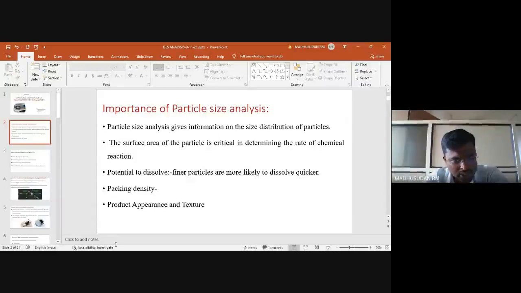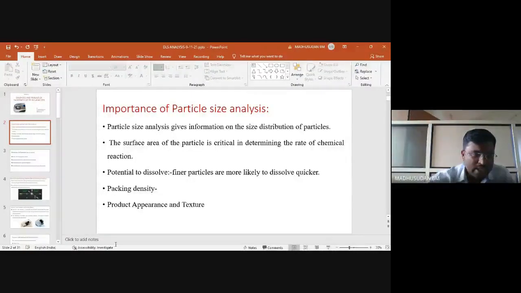Also, packing density is one of the more important terms we concentrate on while fabricating substances at the micro and nano size level. Whenever a substance has a larger particle size, we all know that there is poor packing density, and the finer, smaller-sized particles tend to have a higher, good packing density.